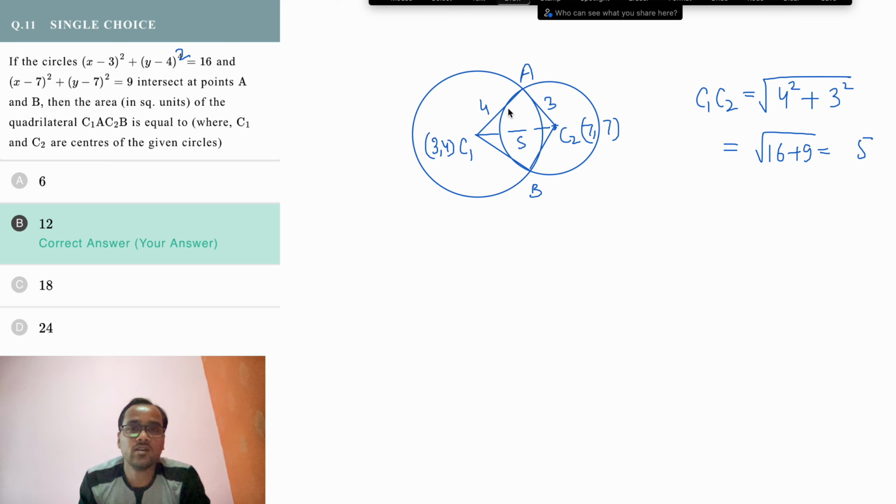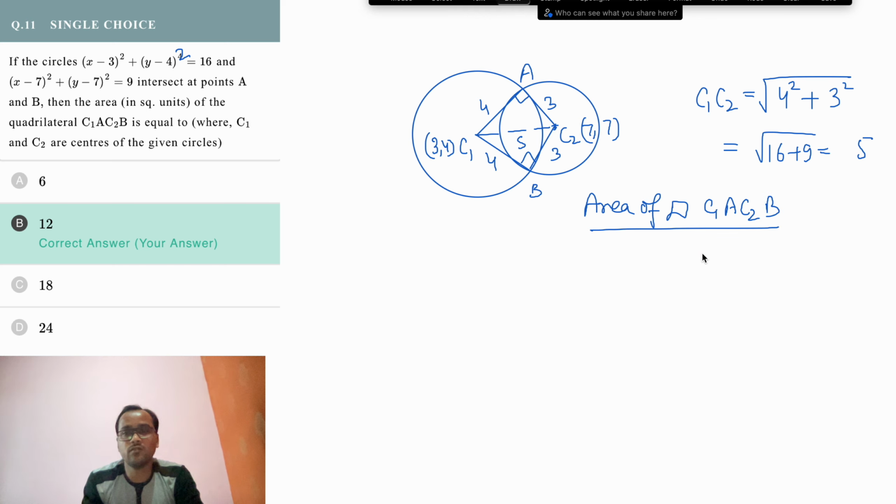That means this triangle C1, C2A is a right angle triangle. 3, 4, 5. Pythagoras theorem. Similarly, here also, this is 4, this is 3. This angle will also be 90 degree. That means the area of quadrilateral C1A, C2B will be twice the area of triangle C1, C2A, or you can write C1, C2B.